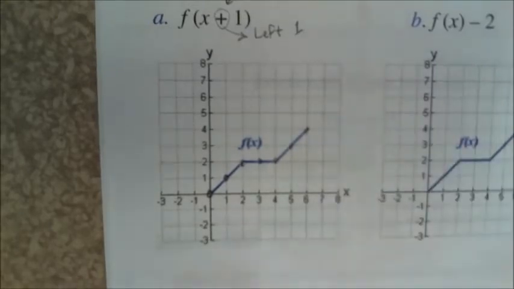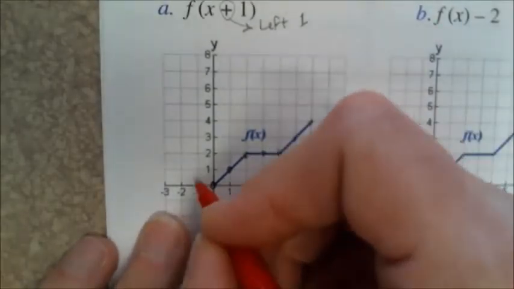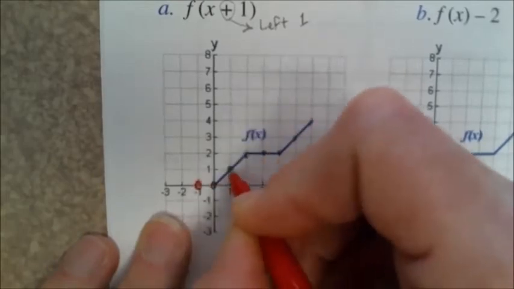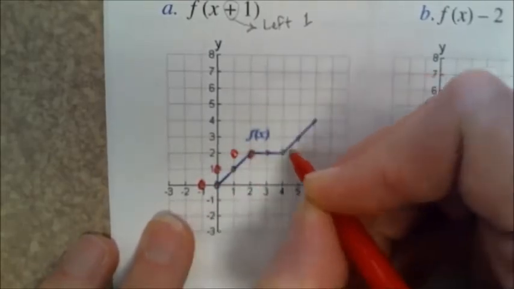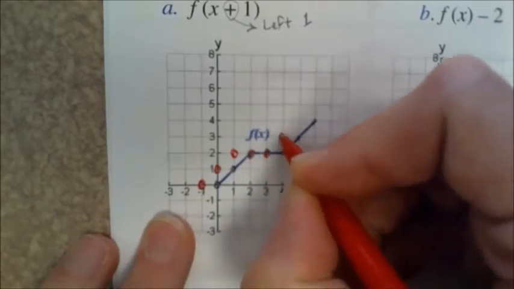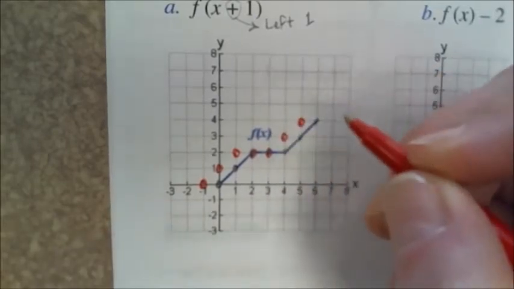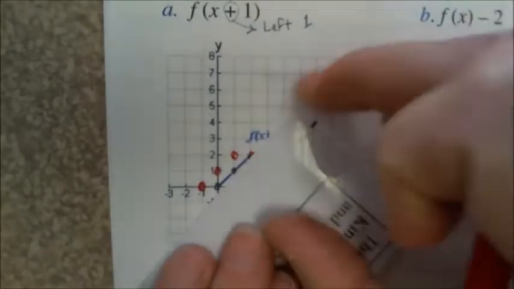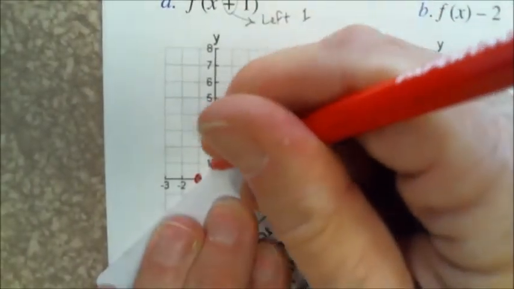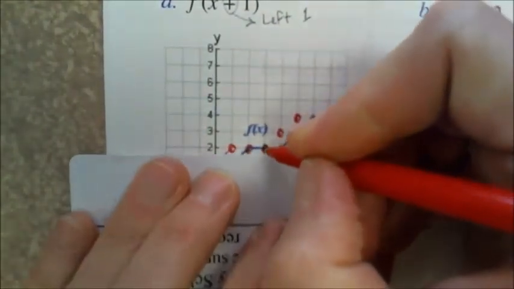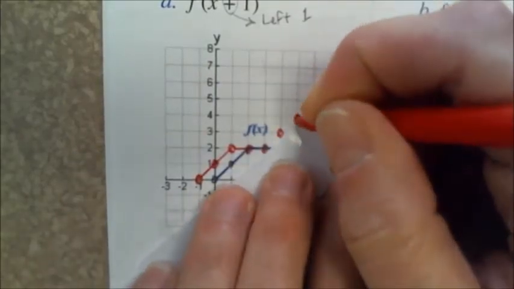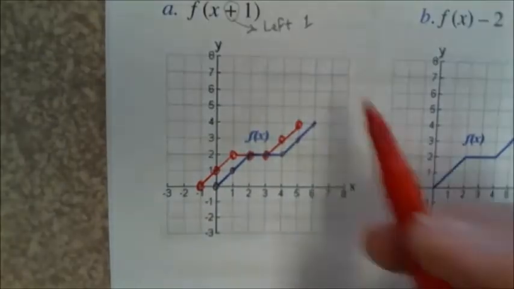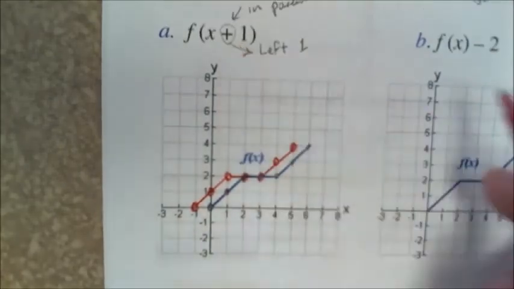So the new graph will be shifting this left, everything gets shifted to the left by 1. And then if we just want to take our school ID or some straight edge and connect it, you can see what the new graph would be looking like. So that's the transformation of this, left 1.